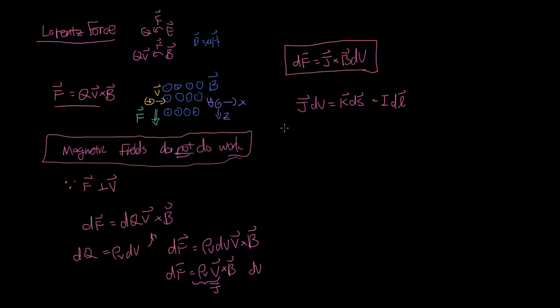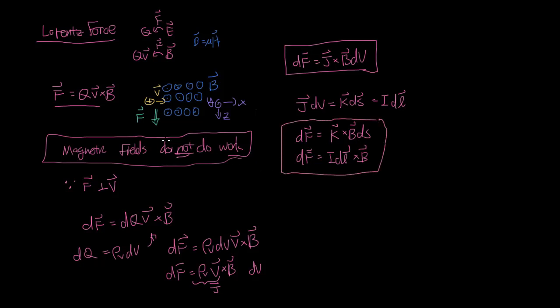So this way, we can also rewrite this differential force in terms of the other forms of current that we have. It can also be equal to K cross B surface integral, and also I dl cross B. In this case, it would just be a line integral.